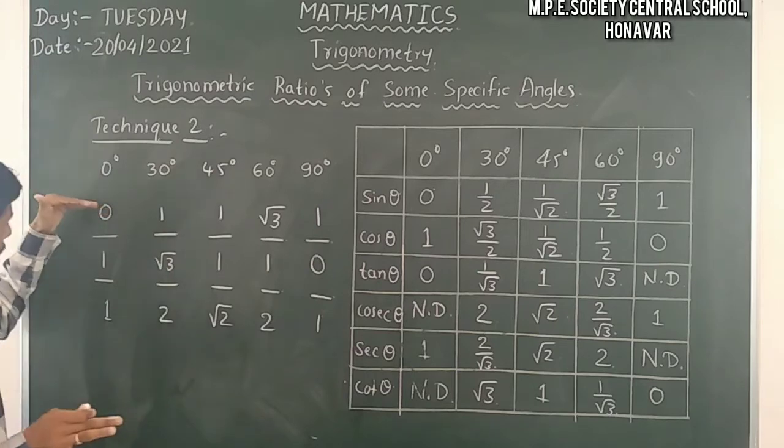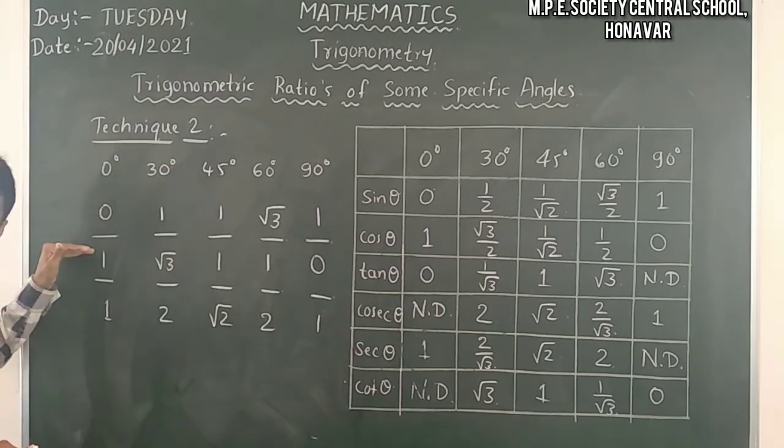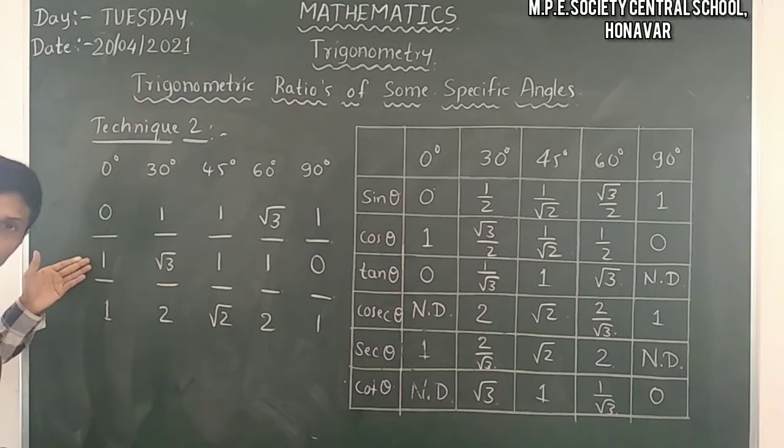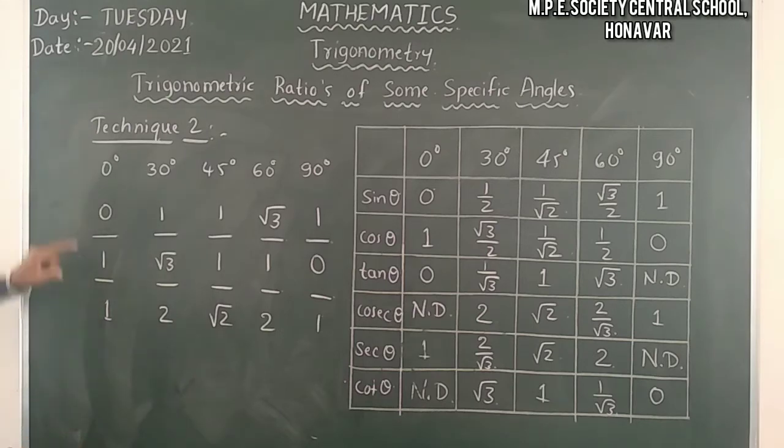The above part whatever we have compared to these two things, so above 0 it is numerator only, below it is denominator only. If you consider these two, above will be numerator only, below will be denominator only. There is no change.